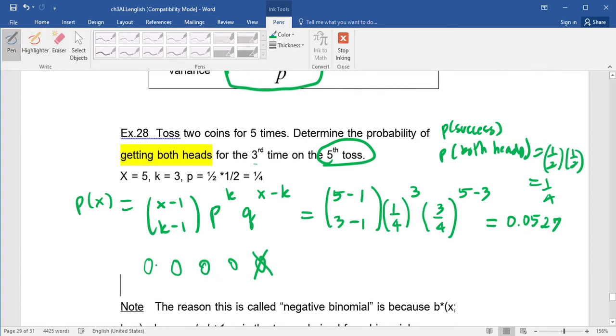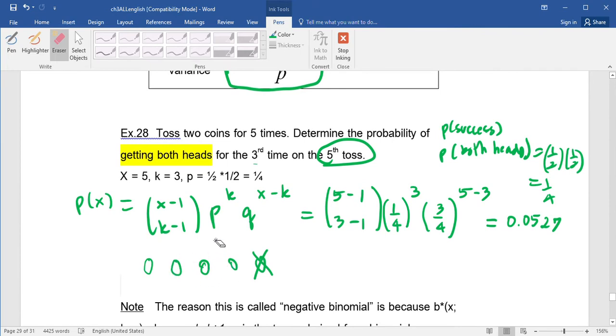Or it might be here, this one and this one. One time, both heads here, both heads here, and both heads here. So you don't care about the previous outcomes. You only care that on the fifth toss, you got success for the third time. So it means in the previous tosses there must have been 2 successes. 2 successes must happen previously, but we don't know where.